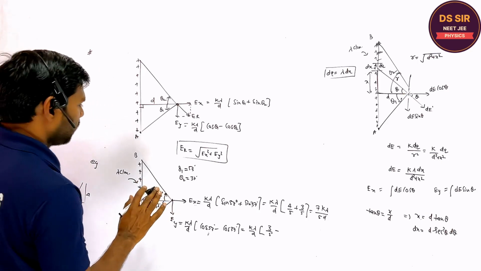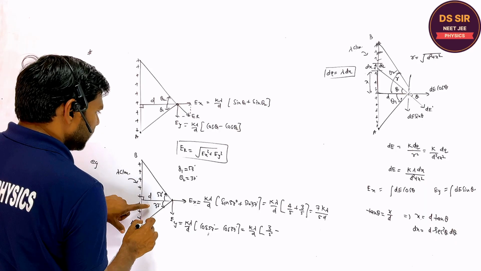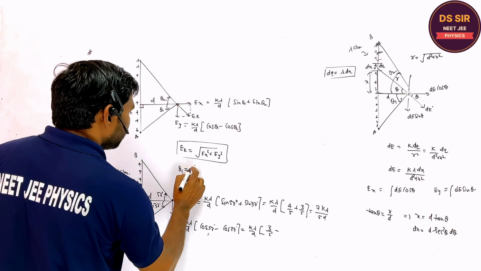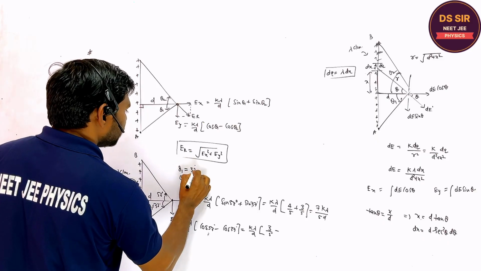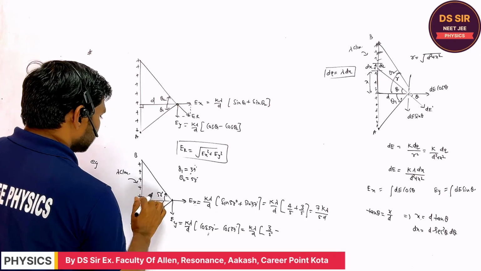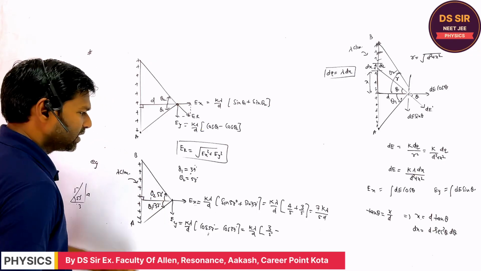Wait for 1 minute, this angle is theta 1, which is 37, please make it correct, and theta 2 is 53 degrees, right?